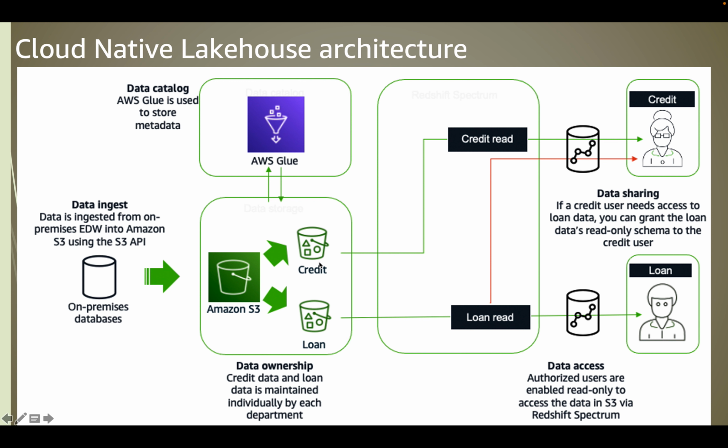Both departments maintain their individual ownership, and then the credit person can read the credit data using Amazon Redshift or Athena, and the loan processing person can read the loan data. Some of the data, if we want, we can load into the data warehouse, but other data we can leave in S3 in the processed layer.